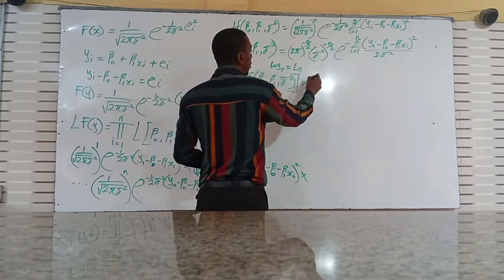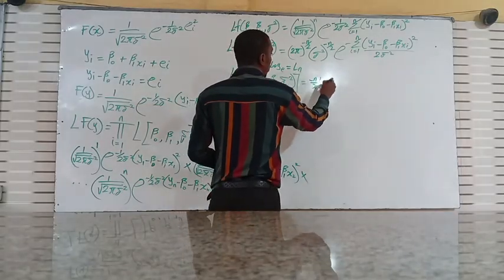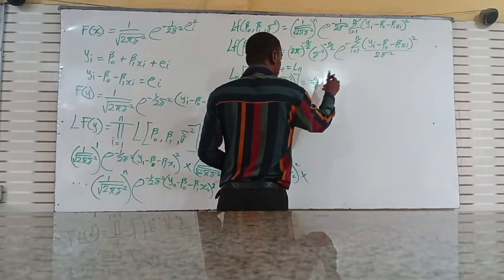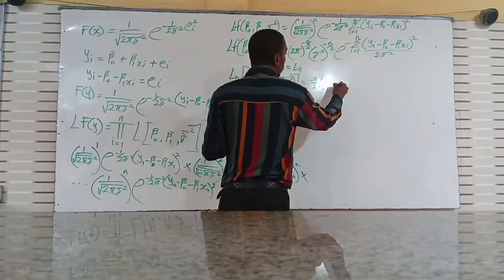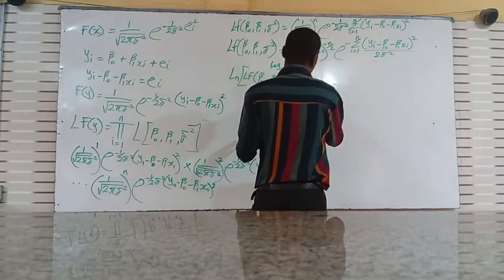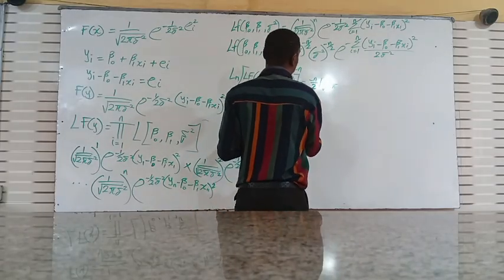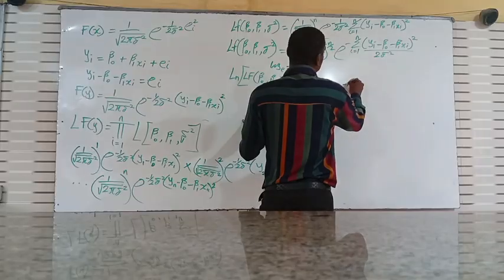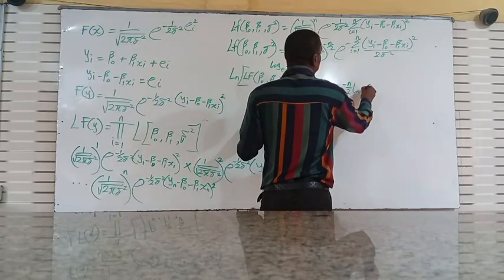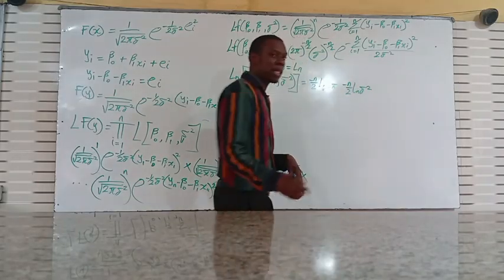The log of this is minus n over 2 ln 2 pi. Then the next one is minus n over 2 ln sigma square.